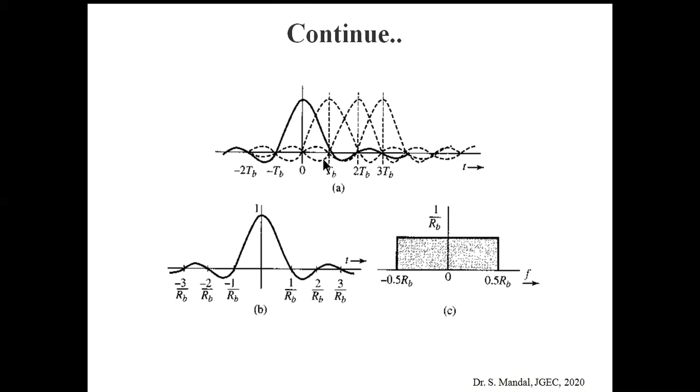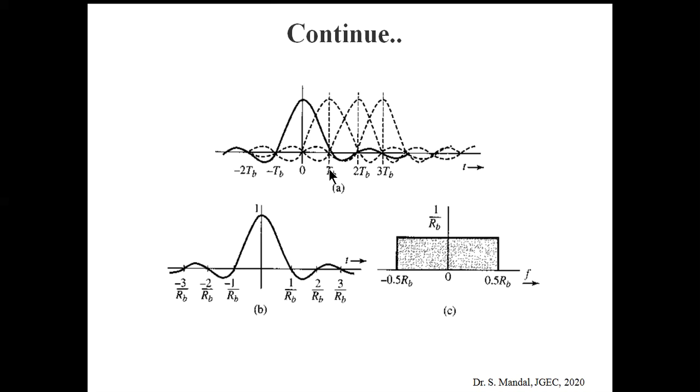Now you can see that if we use this sinc function for two consecutive pulses, there will be no overlapping. Consider this: for the first sinc function we get a corresponding value at 0 seconds, but its value at Tb seconds is 0.